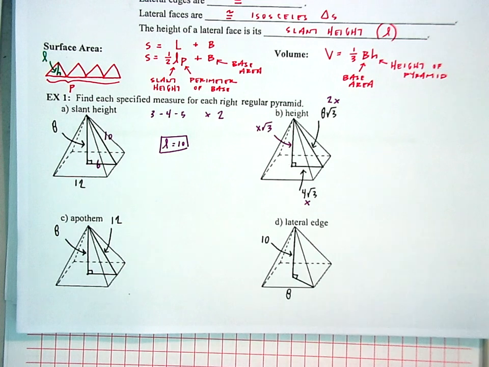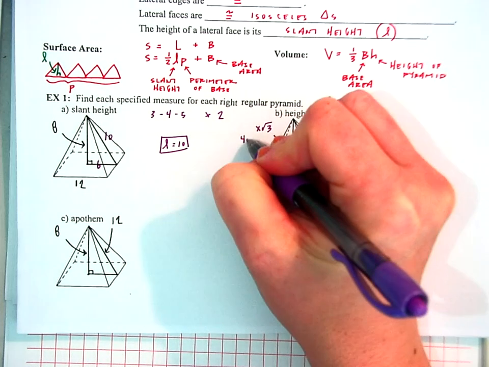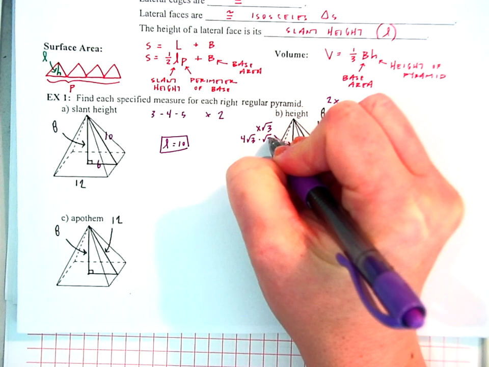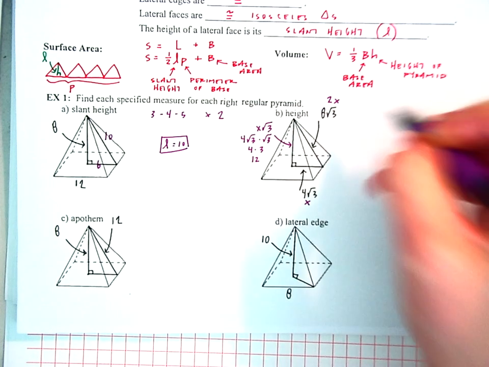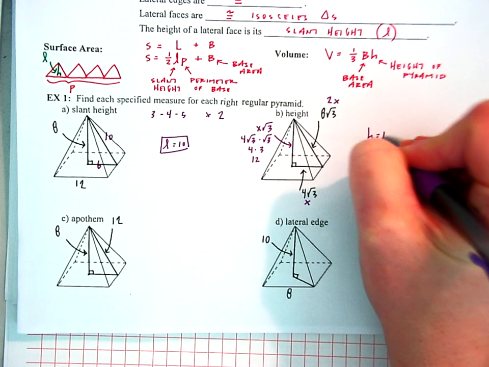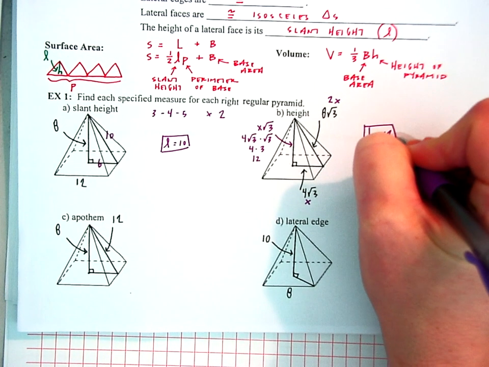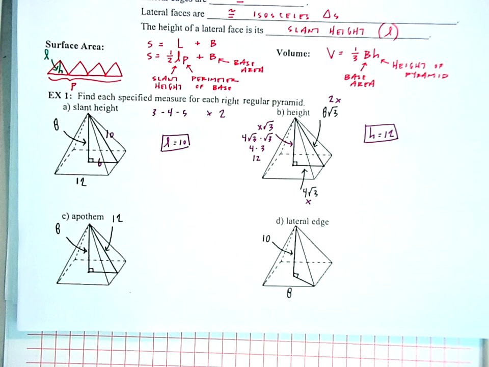So here all I'm going to do is take that 4 root 3 and times root 3, which is 4 times 3, which gets me 12. So the height has to be 12. If I did not see that, I could always use Pythagorean theorem.